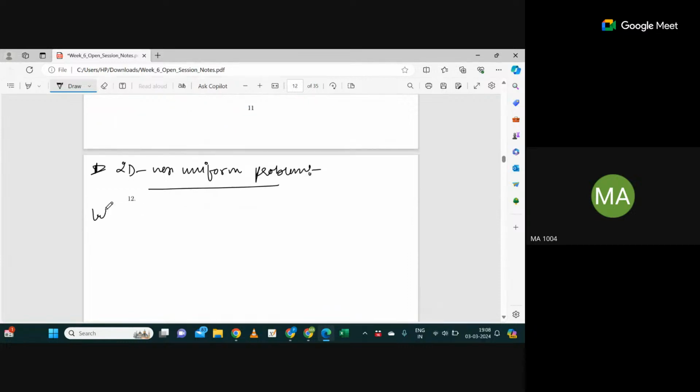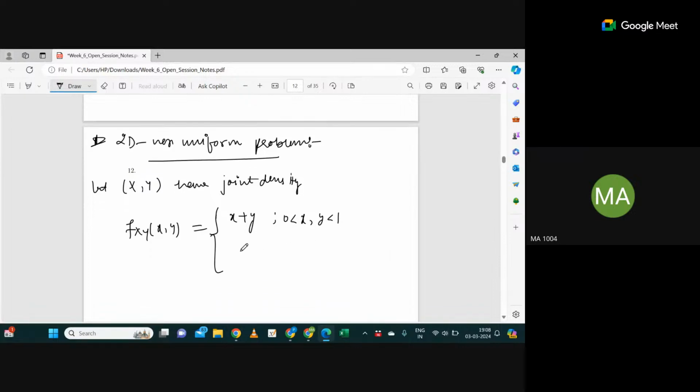Suppose I have given the joint density of these two random variables. Let's say f_XY(x, y) is nothing but x plus y, with the limit of (x, y) being this one.